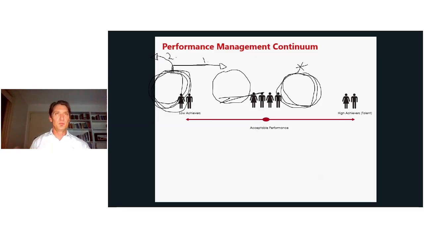What formal performance management systems do, like KPIs, is put some sort of science around this. Intuitively as managers, you would know where your people sit, but the formal performance management systems are designed to confirm that for you, and then reward systems ideally link very closely.